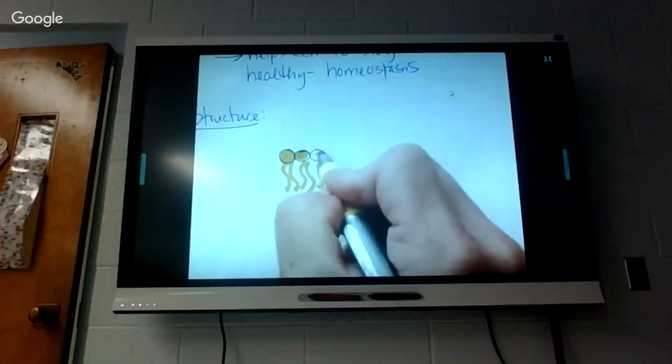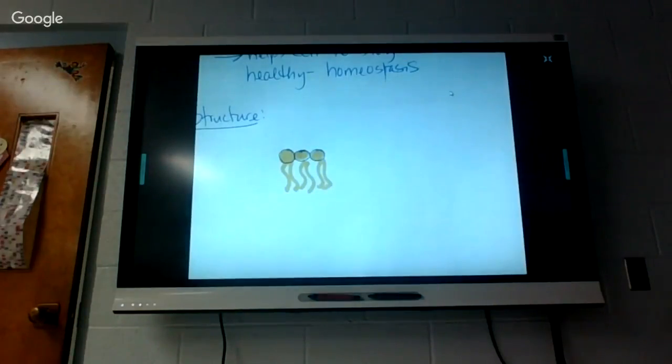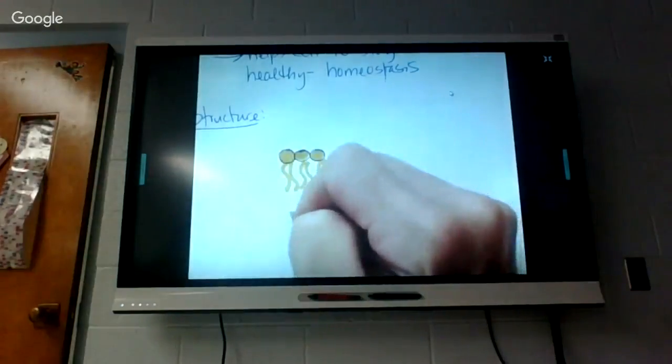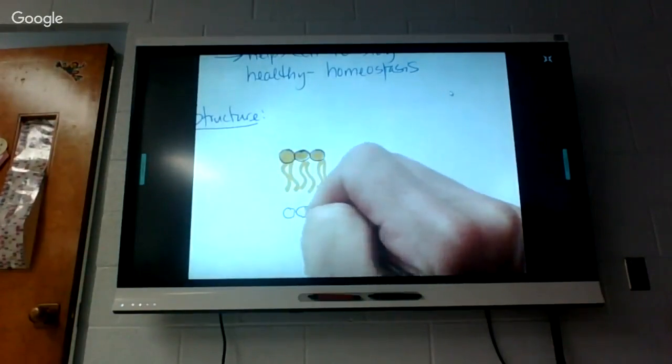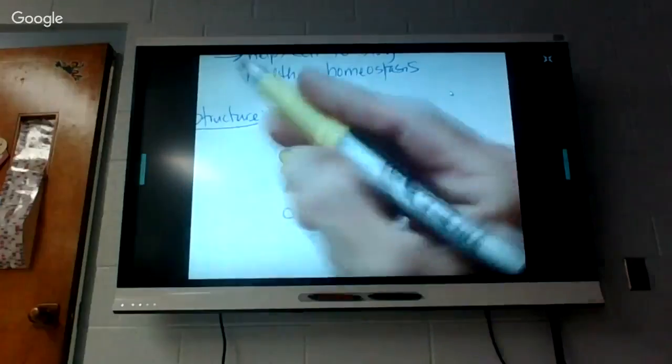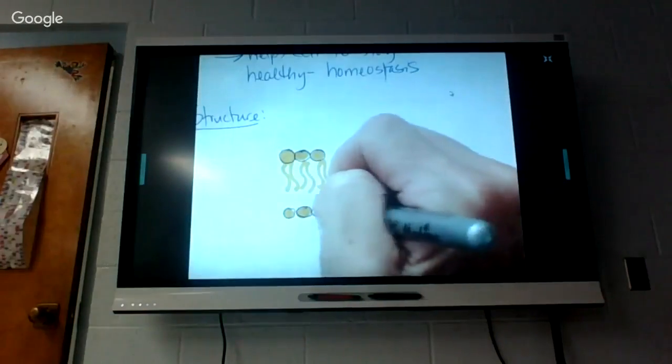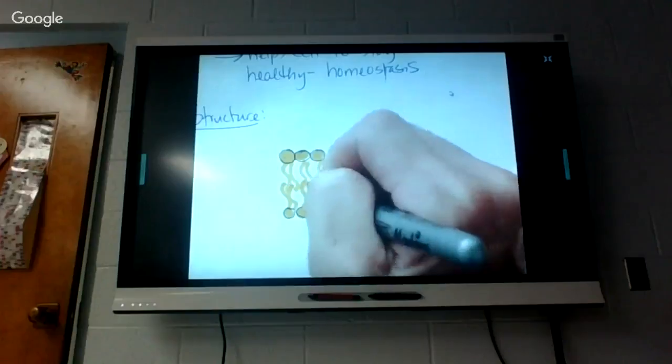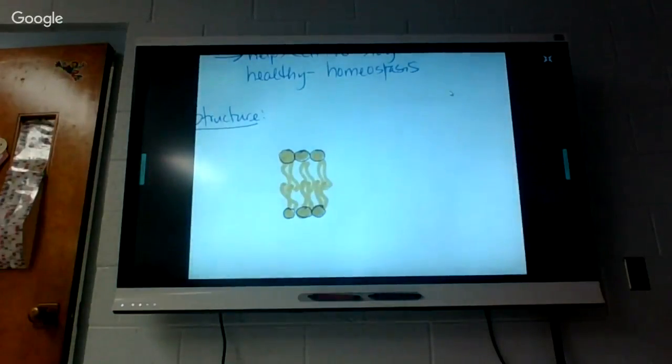Now from the video, how many layers of these does your cell membrane have? 2. Well, it has 2 layers, a bilayer. So we're going to label that. So we have to put a set right down this way. Like that.